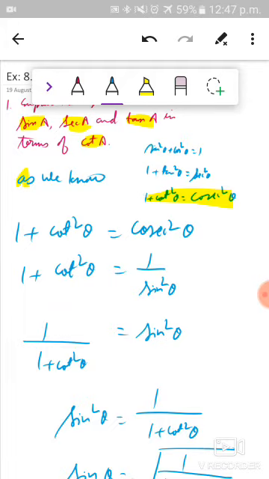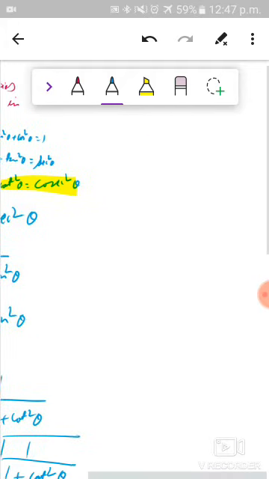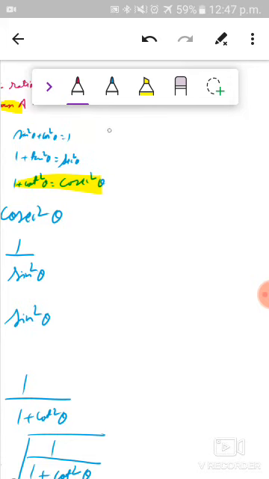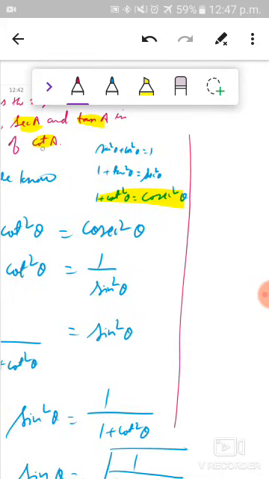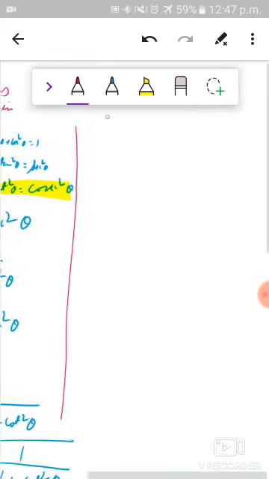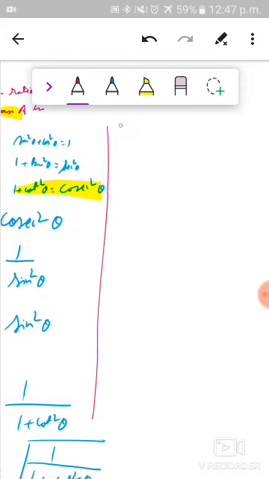Okay, so which identity are we going to use? You see we need sec and cot together. As we know, 1 plus tan square theta is equal to sec square theta.